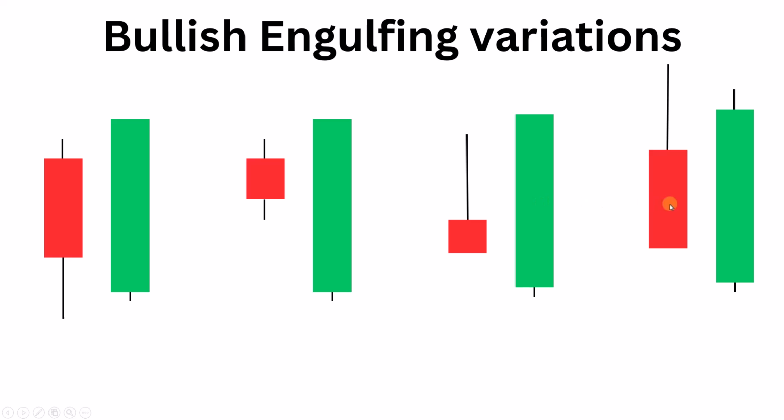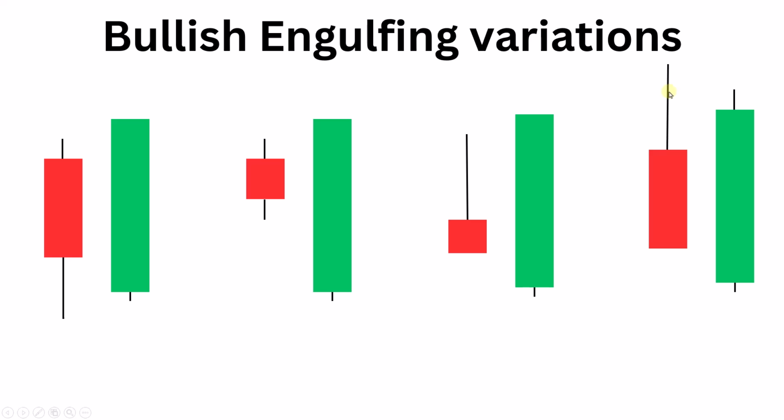This here is also a bullish engulfing pattern. The red candle body comes inside that of the green candle body. But here the wick of the red candle is outside that of the wick of the green candle.